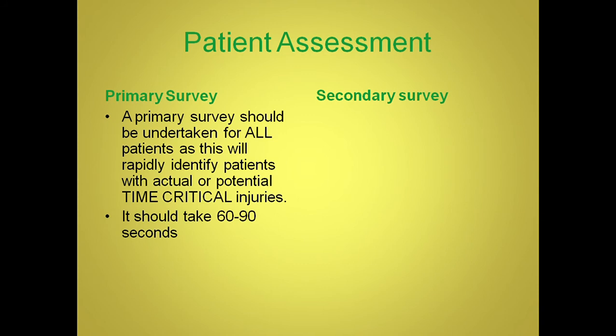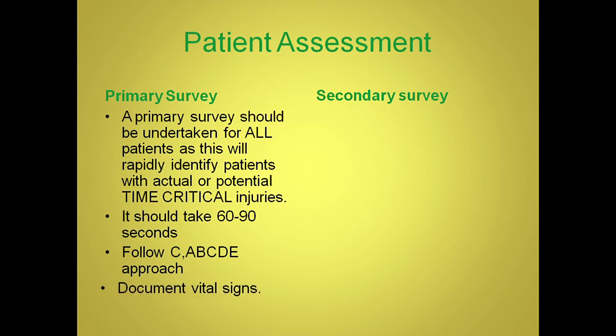Primary survey shouldn't take any longer than 90 seconds, so nice and quick, 60 to 90 seconds, and you always follow that stepwise approach: catastrophic hemorrhage, airway, breathing, circulation, disability, environment. But again, you might not get to those stages.